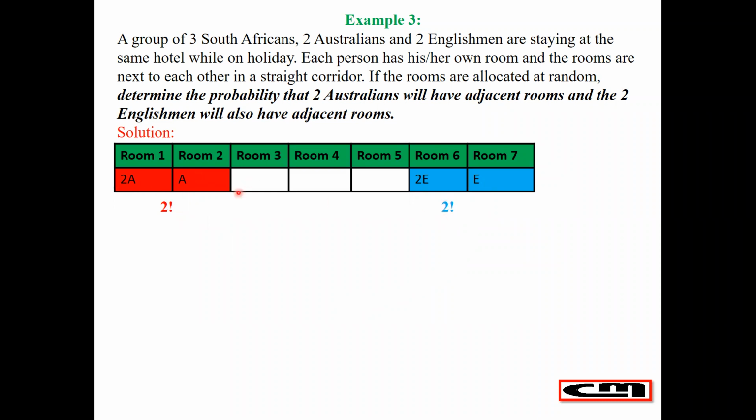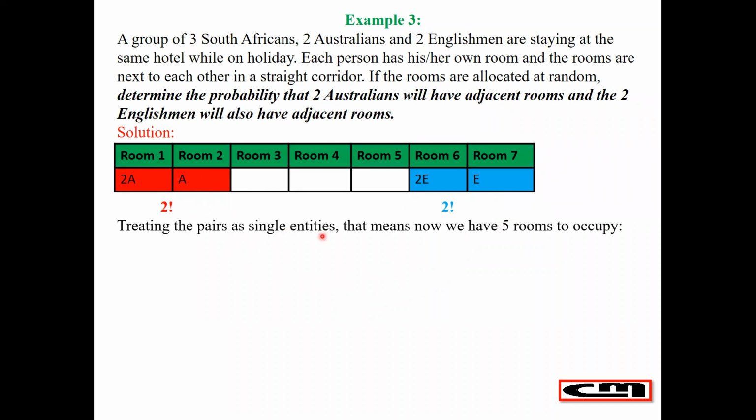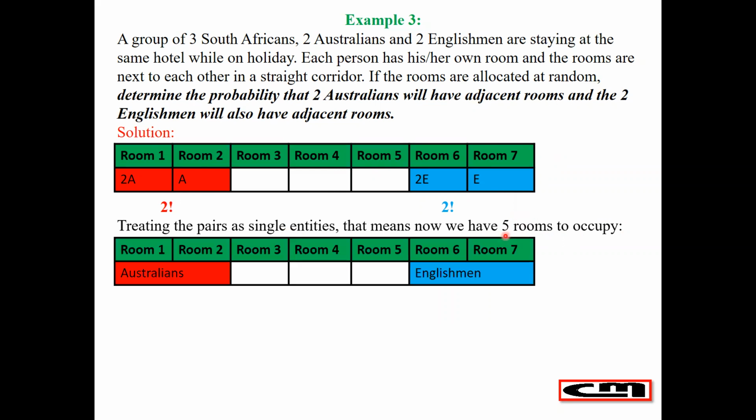Now I'm going to collapse these 2 rooms and these 2 rooms and see what happens. So treating the pairs as single entities, that means now we have 5 rooms to occupy. So if this is now 1, then 2, 3, 4, 5. So we are now left with the 5 rooms to occupy.